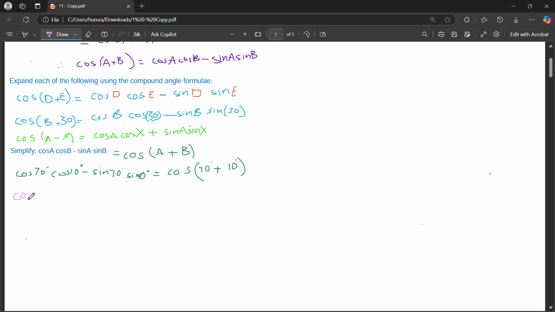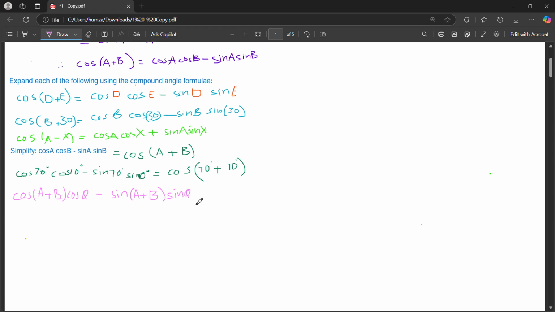So this is cos (alpha plus beta) cos theta minus sin (alpha plus beta) sin theta.